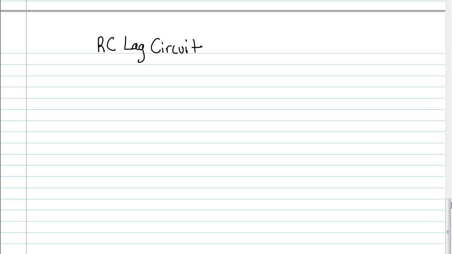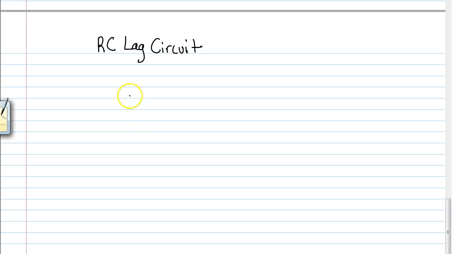Now, an RC lag circuit is designed to make the output voltage lag behind the input voltage. So you put a voltage in, AC of course, because we're talking about AC circuits. You put a voltage in, you get a phase-shifted version of the voltage on the output. That's all an RC lag circuit is.